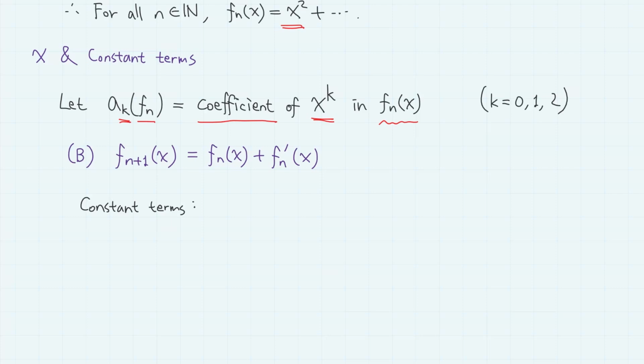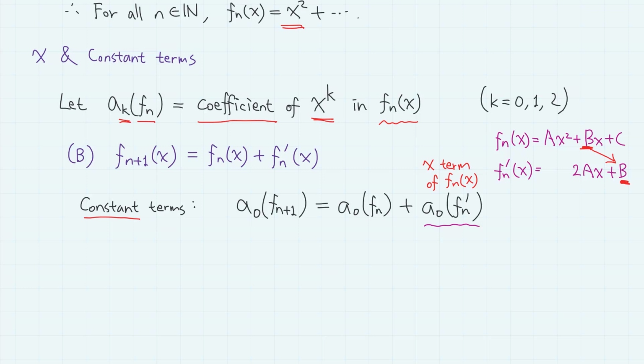Then, from the recurrence relation given in B, if we only take a look at constant terms, written as a_0, we can find that a_0 of f_{n+1}, the constant term of f_{n+1}(x), is equal to the constant term of f_n plus the constant term of f_n'.